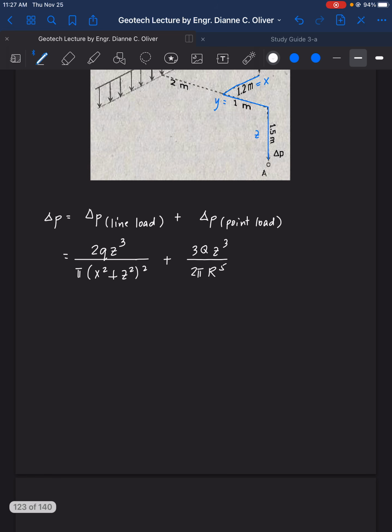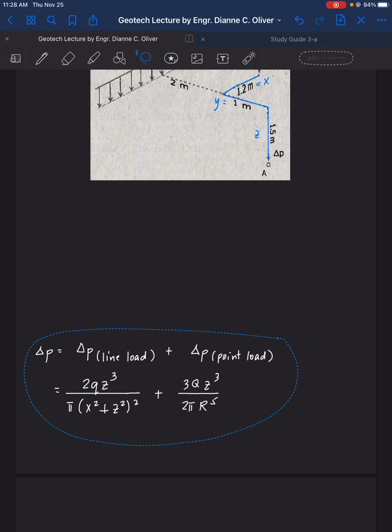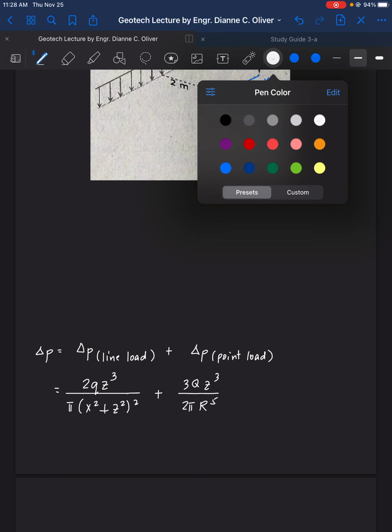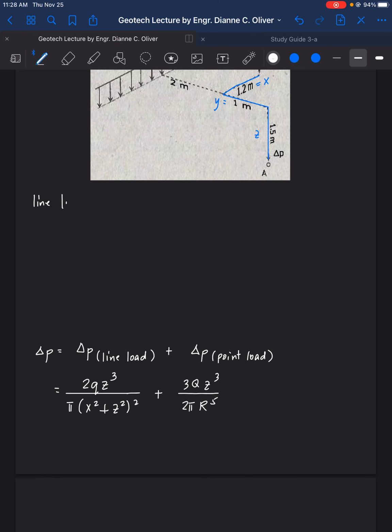Now for the line load, we have our x here is 2 plus 1 is equal to 3 meters.